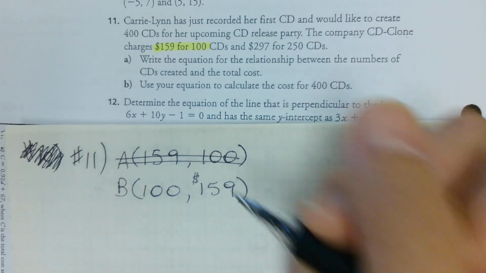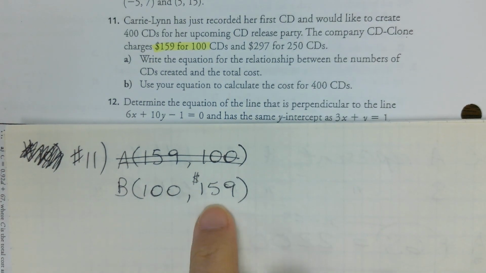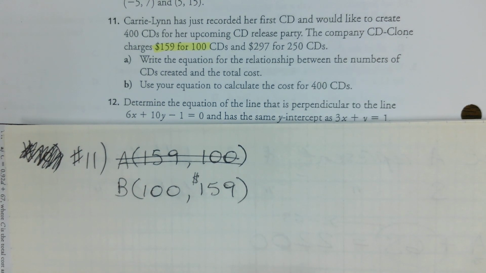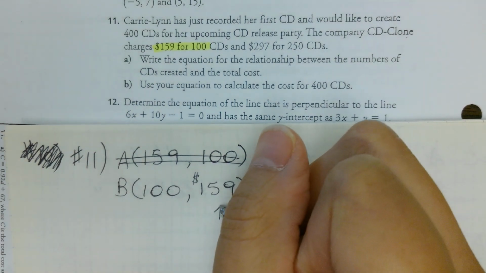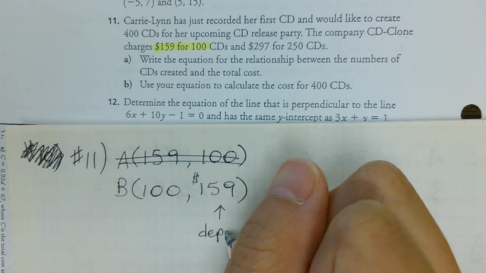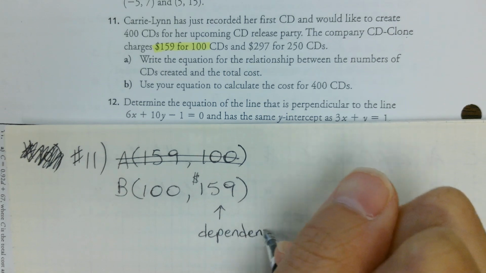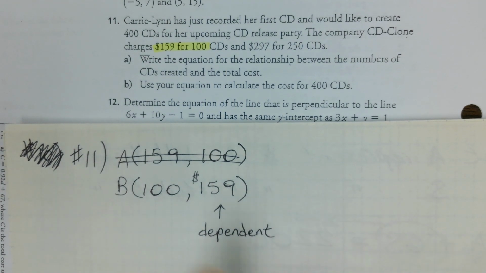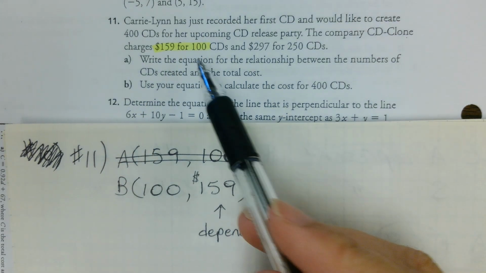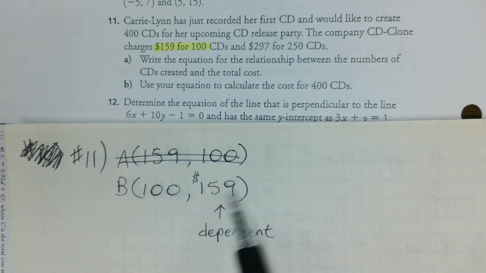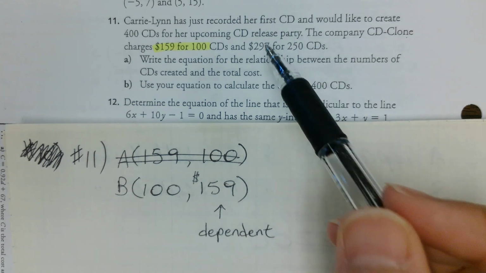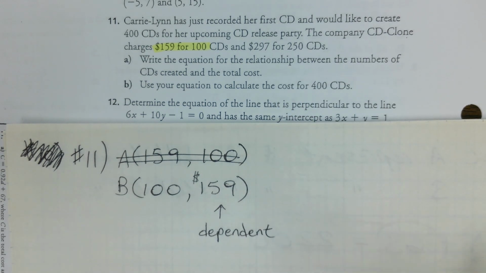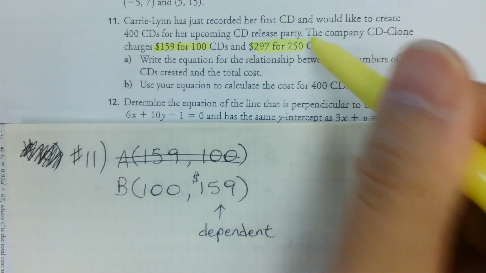So 99% of the time, cost is always your dependent. Okay, so this is your dependent variable, which is your y. Okay, so in this case, the $159 for 100 CDs, I can write it as a coordinate like this. So in that case, what is this coordinate then? How do I write this coordinate?